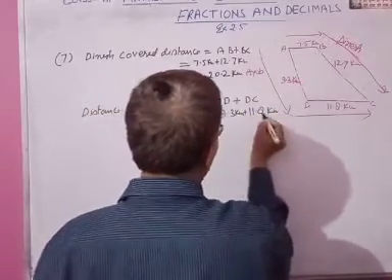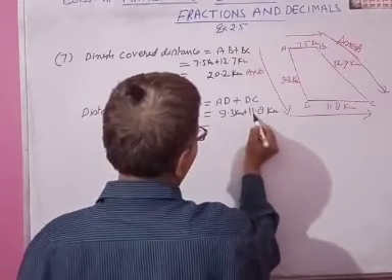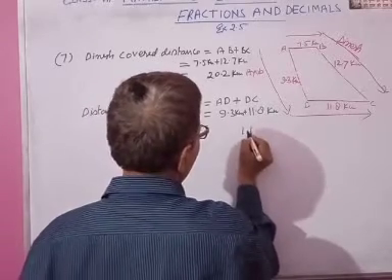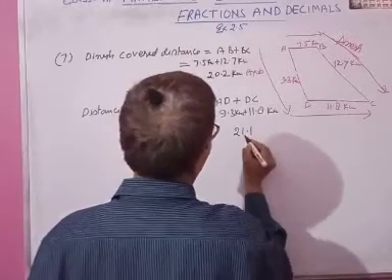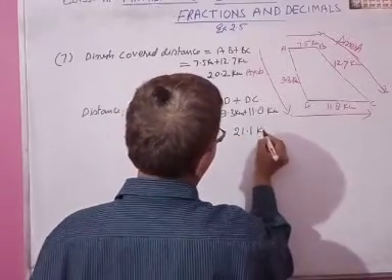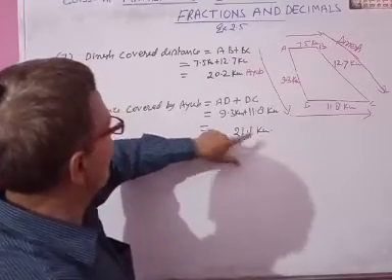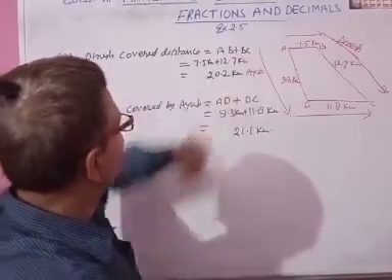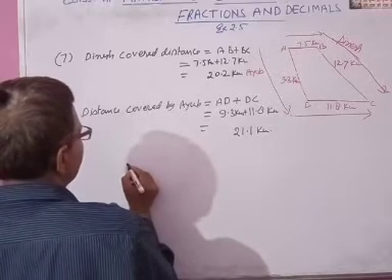When we add 8 plus 3, 11, 9 plus 1, 10 plus 1, that is 2, 21.1 kilometer. Now 21.1 kilometer is more than 20.2 kilometer, and Ayub covered more distance.